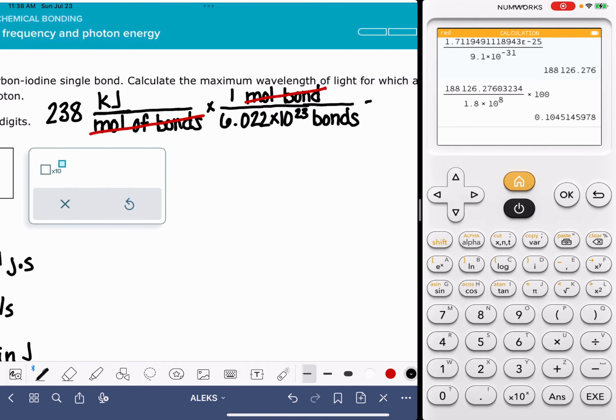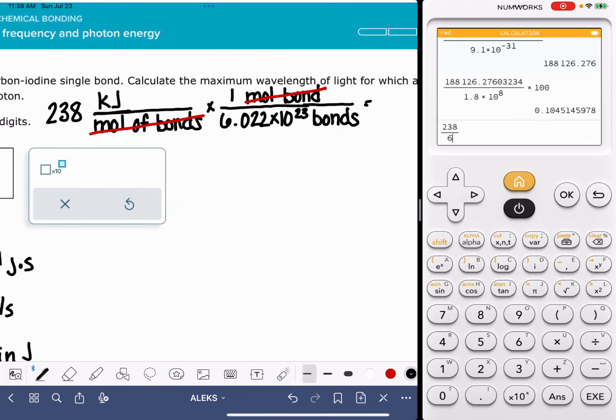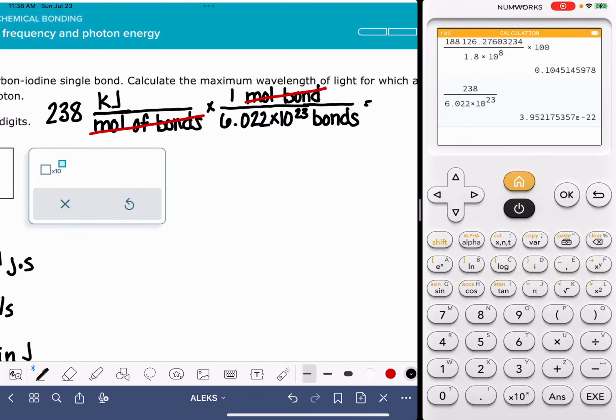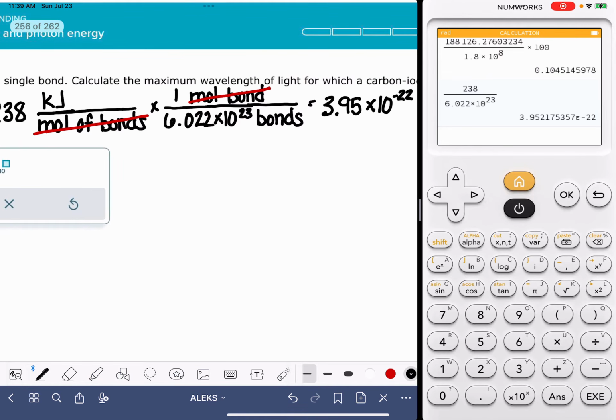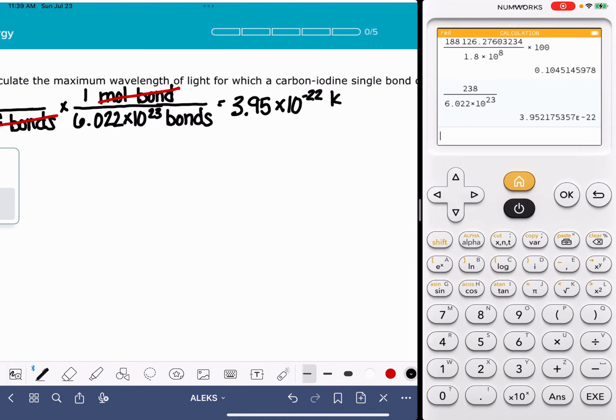We'll do the math on that. 238 divided by Avogadro's number, 6.022 times 10 to the 23rd. That's going to give us 3.95 times 10 to the negative 22, and that is kilojoules per bond.